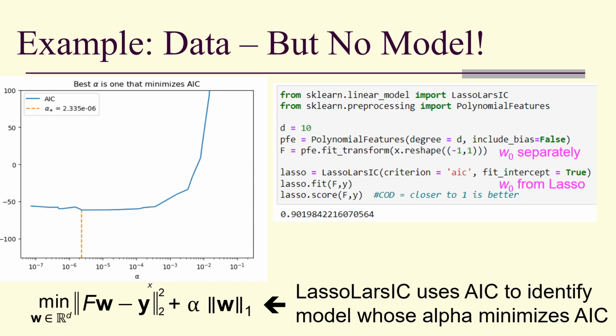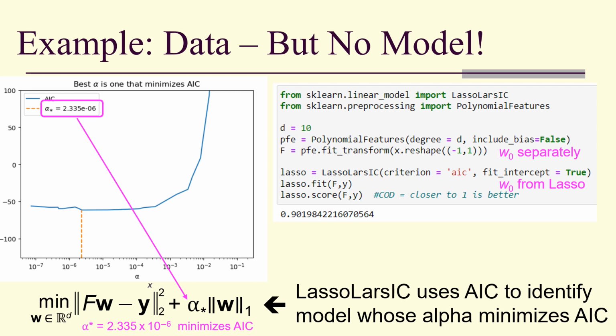So here are our possible alphas. These are all the alphas that were used by the LassoLarsIC. And you'll see that we get a minimum at 2.335 times 10 to the negative sixth. So that is our best alpha, and that's the one we'll use for our lasso.